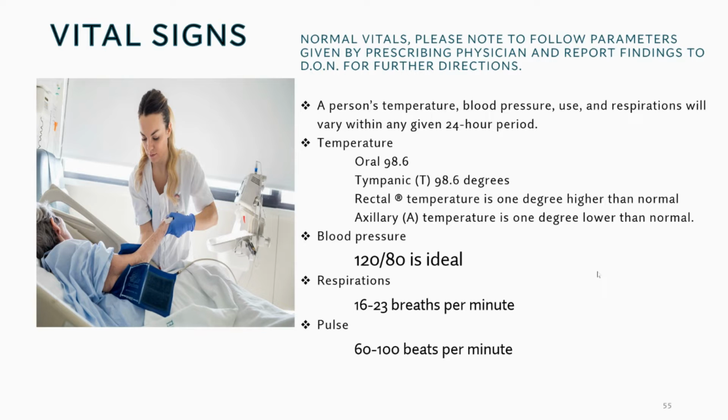So a person's temperature, blood pressure, and respirations will be checked within a 24-hour period. For medication, sometimes the orders say to take a vital prior to the medication, after a medication, but typically we're doing vitals about once every 24 hours.